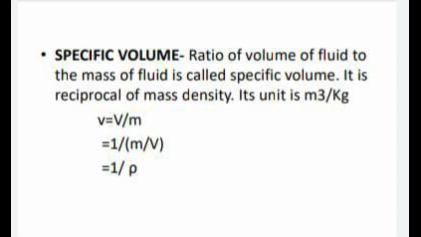It is denoted by small v. So small v is equal to volume capital V divided by mass small m. We can write it as 1 upon m upon v, and m upon v is rho. So specific volume small v is equal to 1 upon rho, that is, it is the reciprocal of mass density.